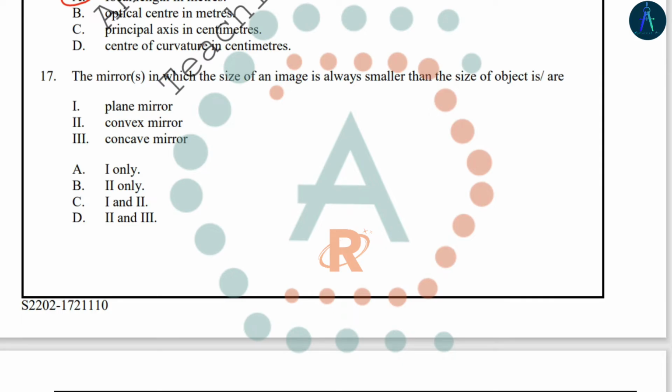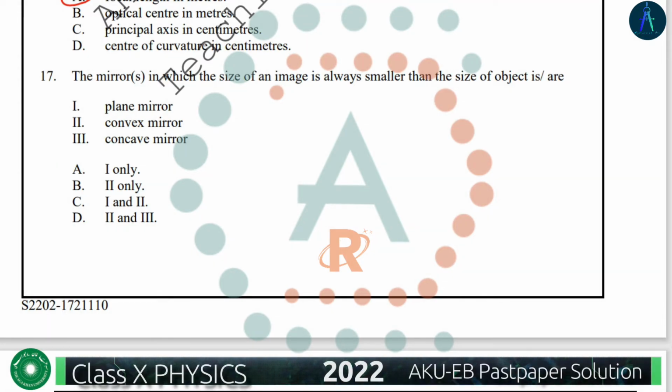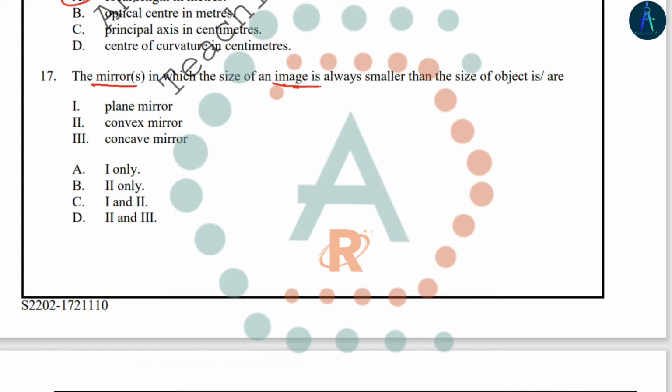The mirror in which the size of the image is always smaller than the size of the object, this type of mirror is known as a diverging mirror. So a diverging mirror is a convex mirror.